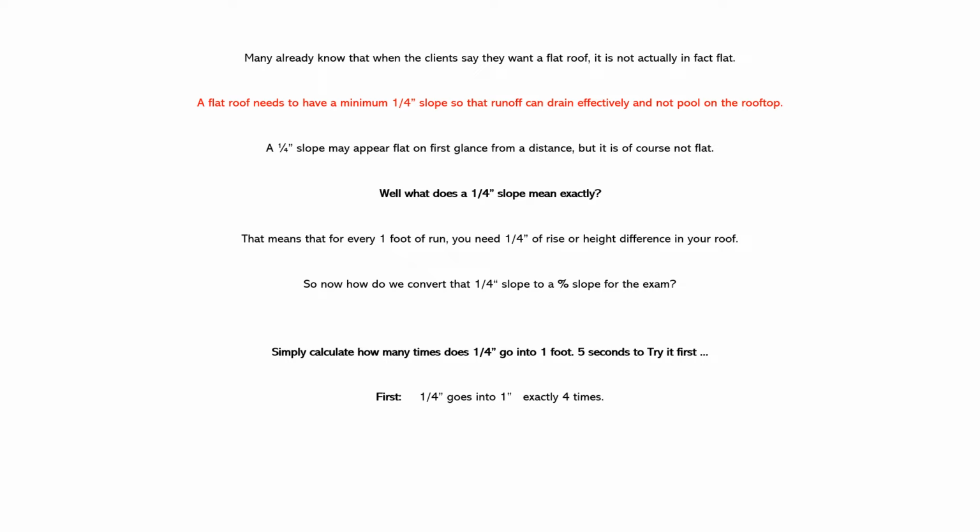All right, time's up. First, 1/4 inch goes into 1 inch, we all know 4 times. Second, there are 12 inches in a foot, therefore 12 times 4 is 48. So you have a 48 to 100 slope roof, or a 2.08% slope.